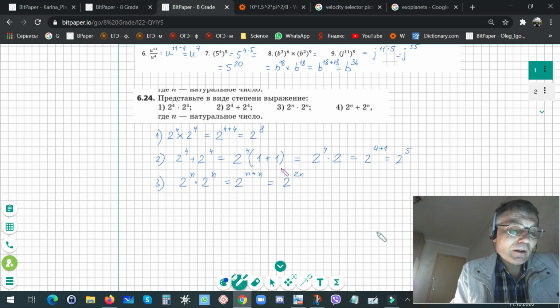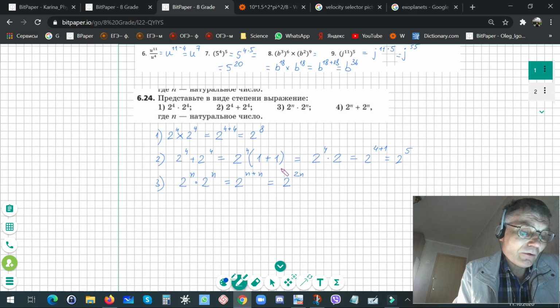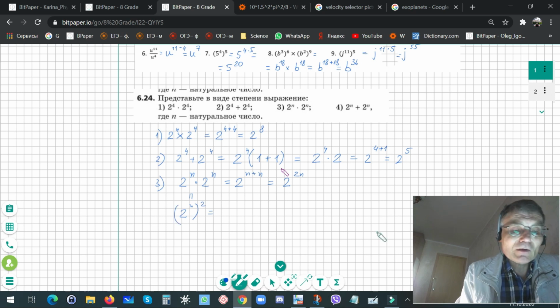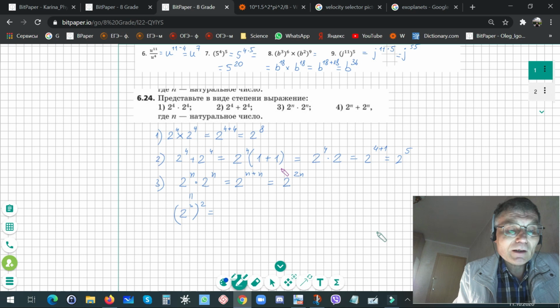Actually, it's no wonder, because this one could be written as 2 to the power of n, squared. And you can see that in this case we just multiply. We write 2 to the power of 2n. That's the same result, of course.